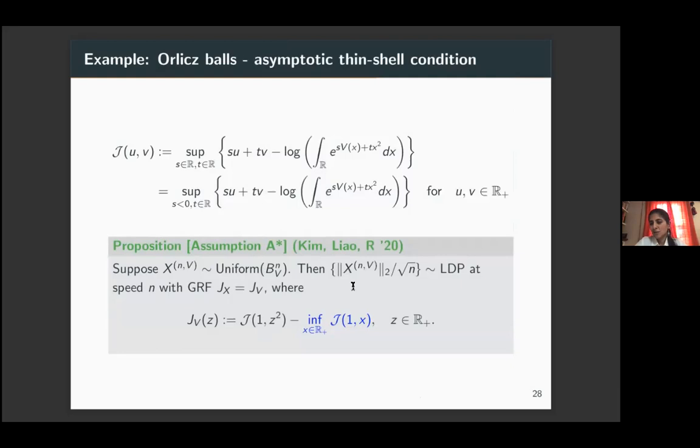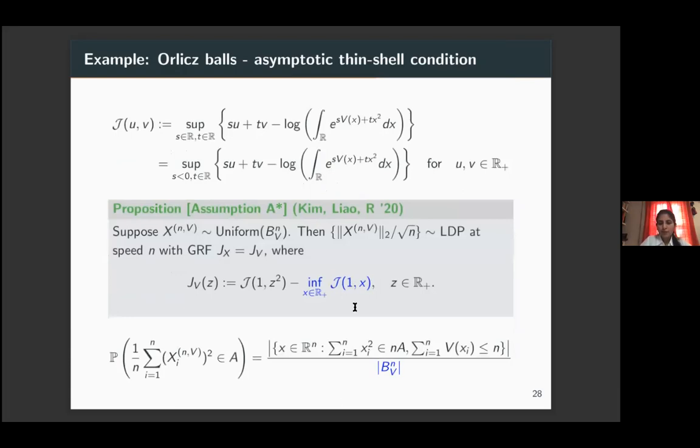So this is just saying that the assumption A star holds, which was condition 1 of the STC. And the proof of it really, you were looking at things of this form because you wanted to look at the L2 norm, 1 over n, of a vector uniformly distributed on the Orlicz ball. And you can write that in terms of ratios of certain volumes.